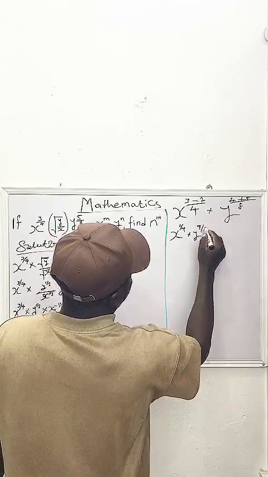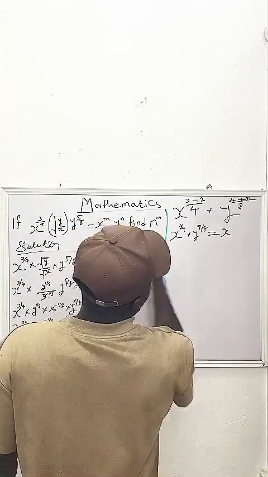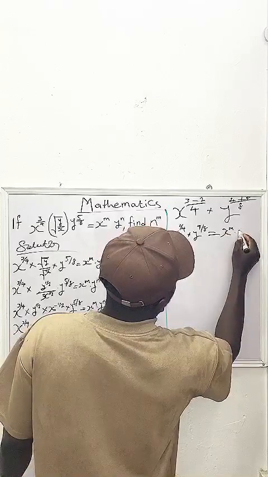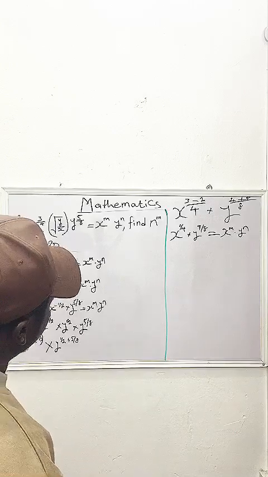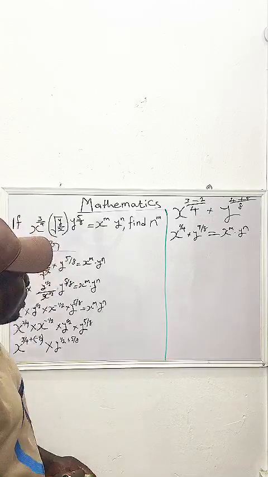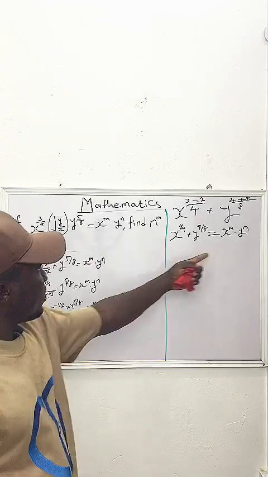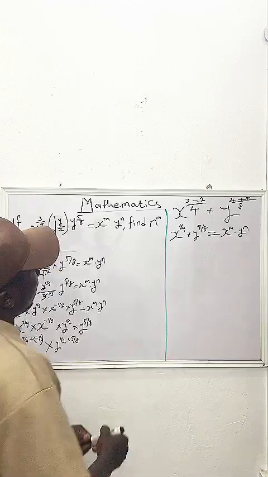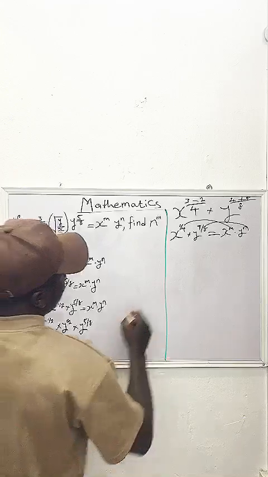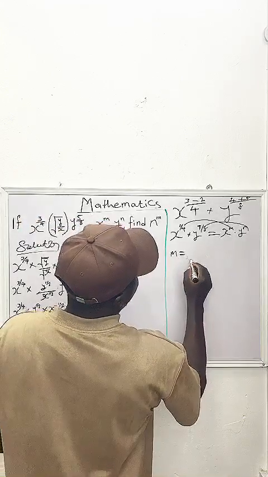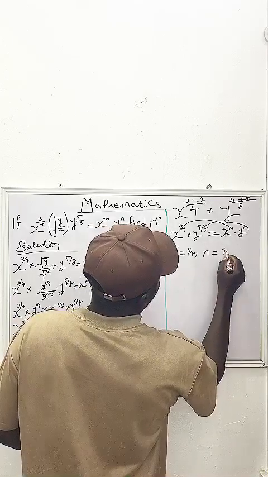9 over 8, is equal to x raised to the power m dot y raised to the power n. Are you getting it? At this point, we don't need any man from a pulpit to come and tell us what next to do. By comparison, it is very obvious that m is equal to 1 over 4, while n is equal to 9 over 8.